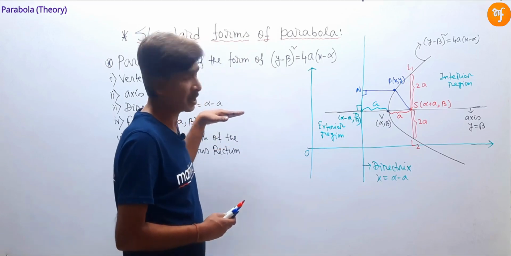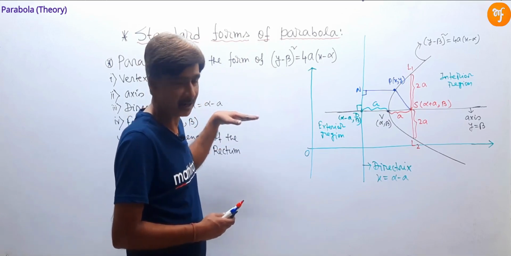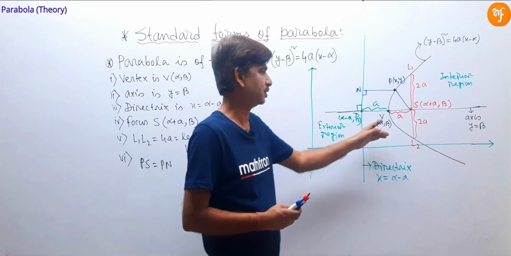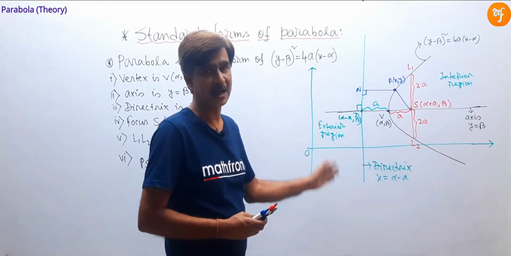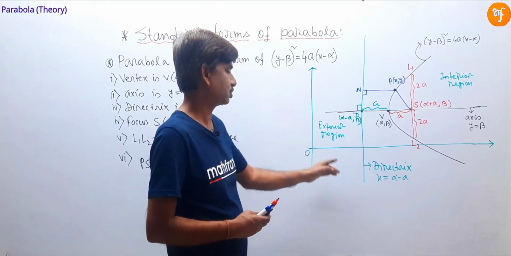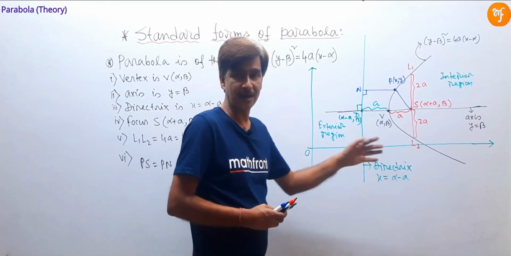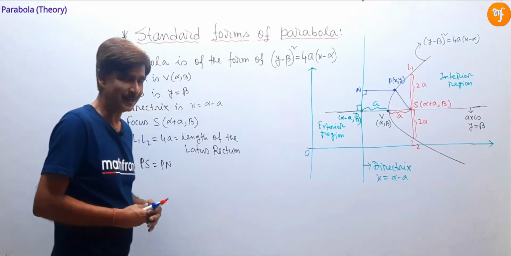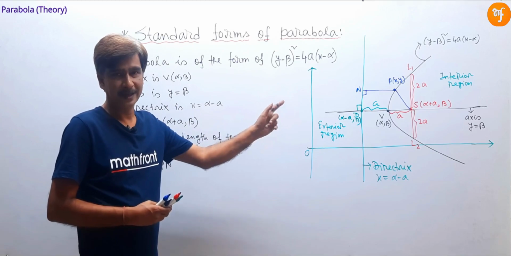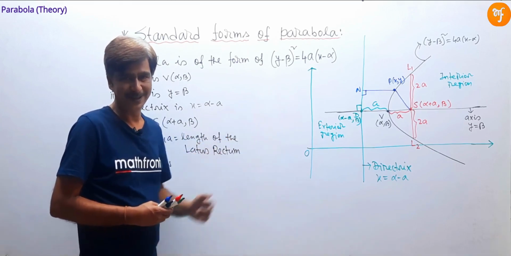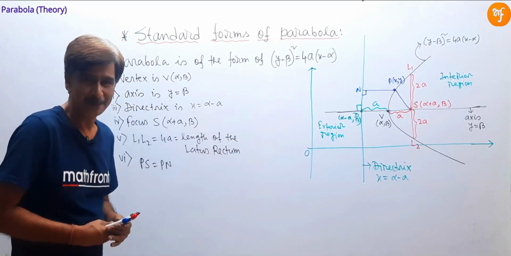The axis of this parabola is parallel to the x-axis whose equation is y equal to beta. The directrix of this parabola is parallel to the y-axis whose equation is x is equal to alpha minus a. Okay, clear? And if P is any variable point on this parabola, then PS should be equal to PN according to the definition of the parabola.